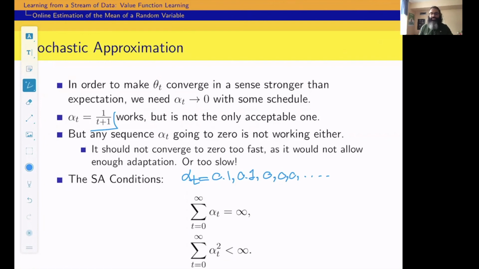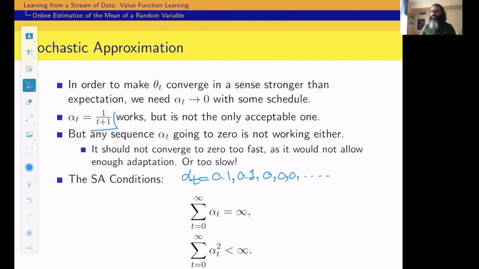But just think about this simpler case, where after a finite number of steps it becomes 0. Then the estimator only incorporates a finite number of data points, and that would not be enough to ensure any convergence to the true mean.